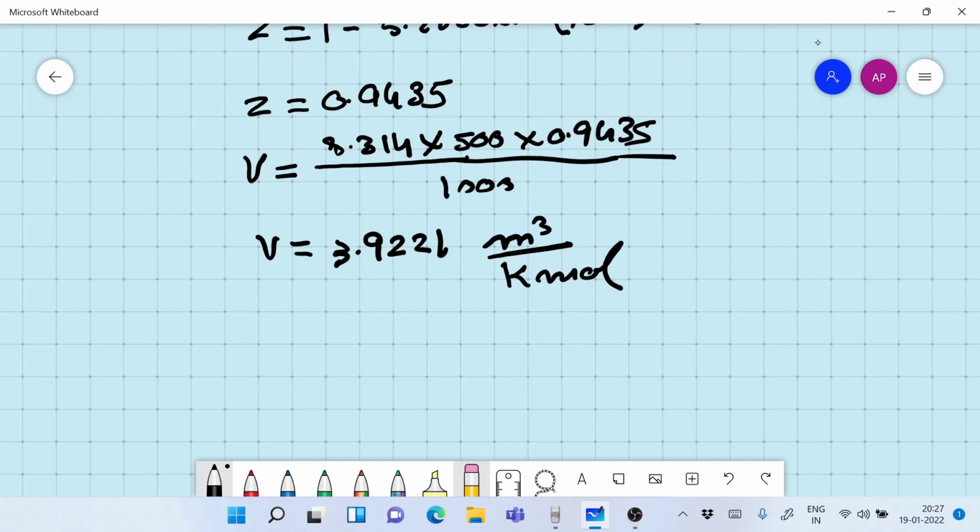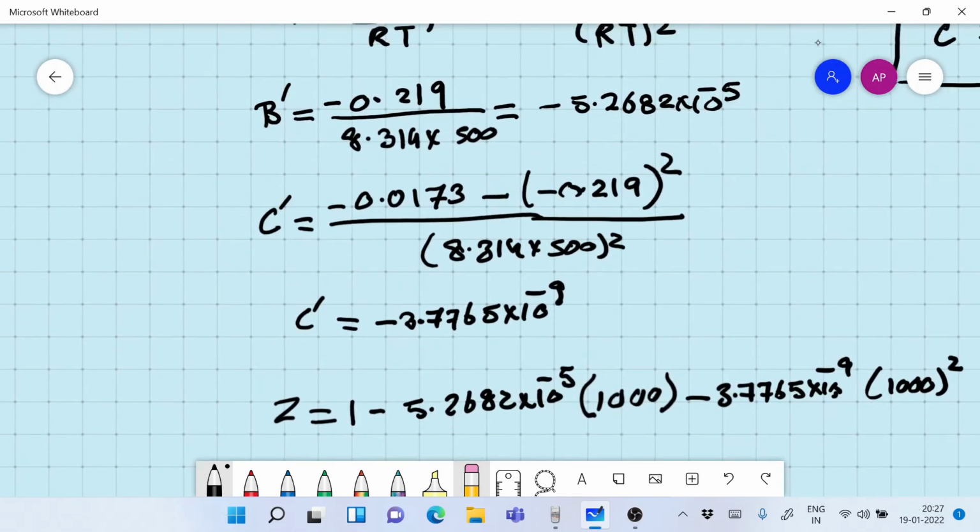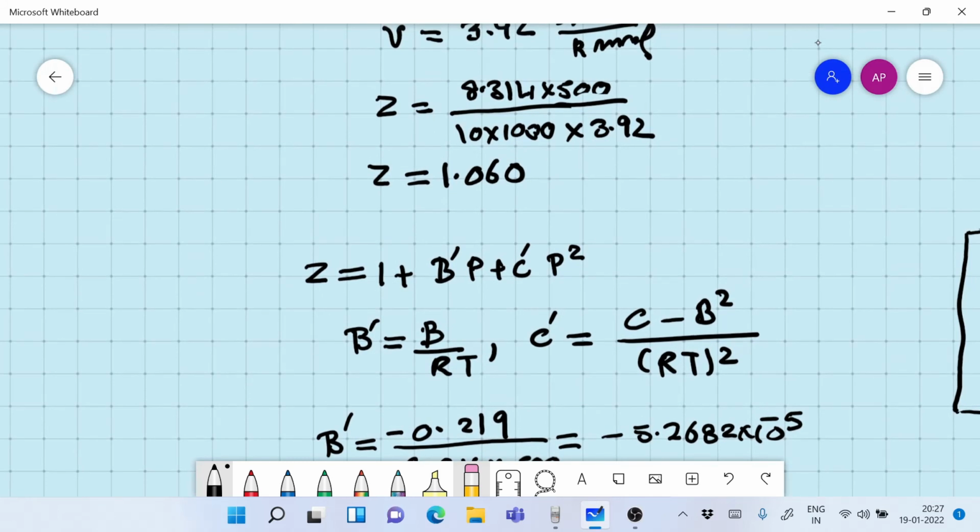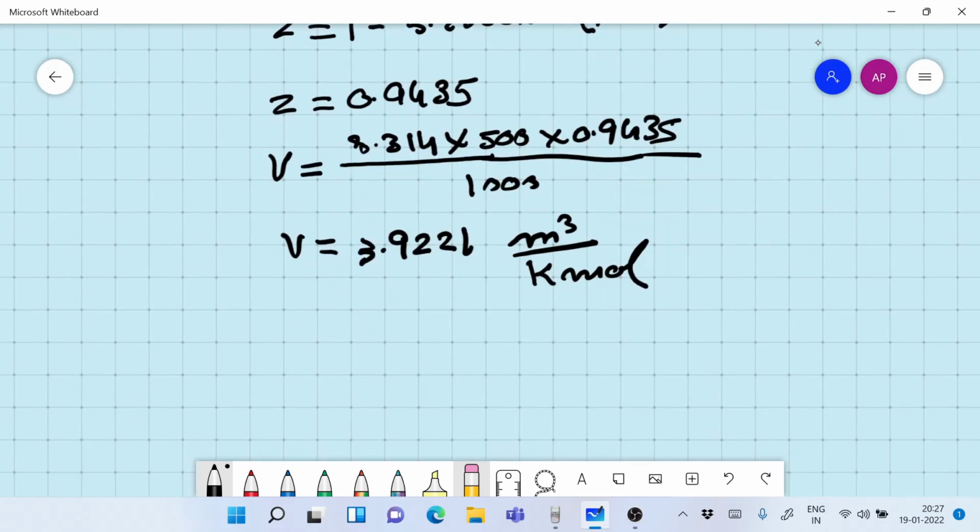Right? So we see that we have a slight difference in the value of Z, and therefore we have a difference in value of V. So that was all about calculating the volume and the compressibility factor using the virial equation of state.